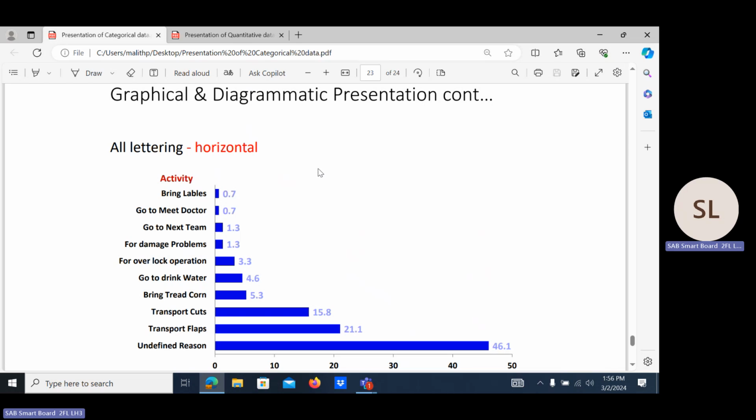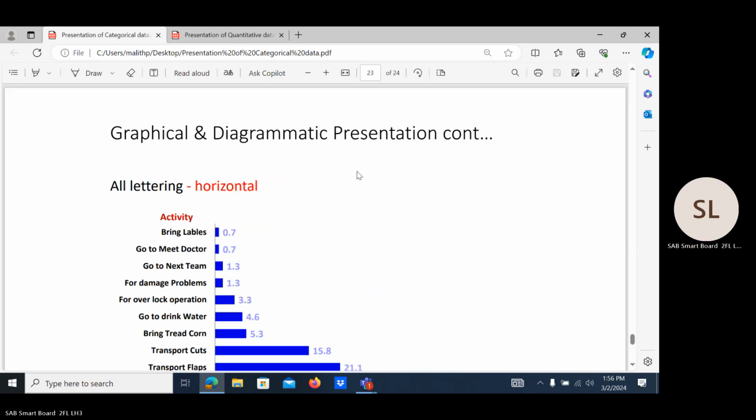It means we cannot write a word one letter under another, like the label BRING, in the vertical way. We cannot. Always all the lettering must be horizontal. Understood? These are the important things we need when drawing the graphical representation.